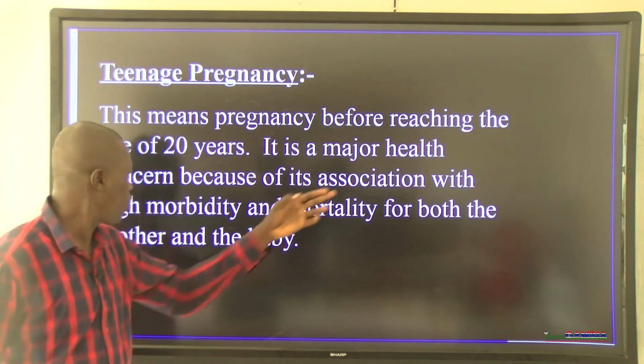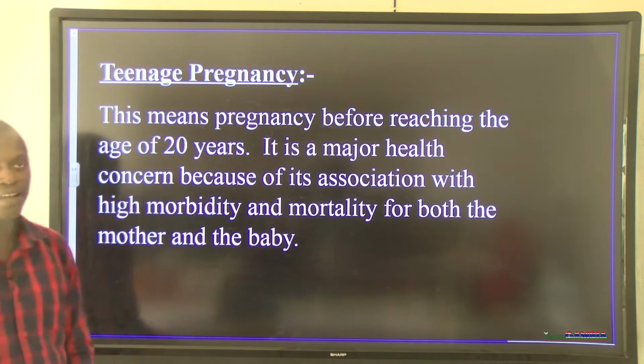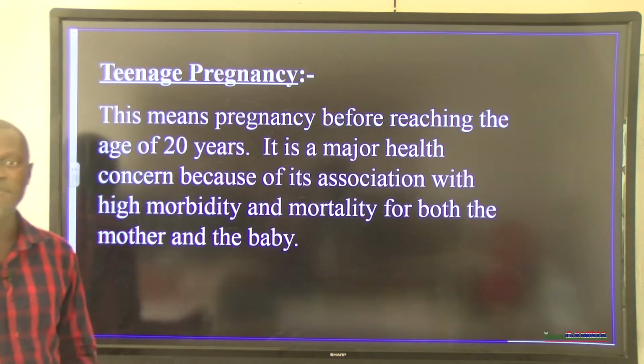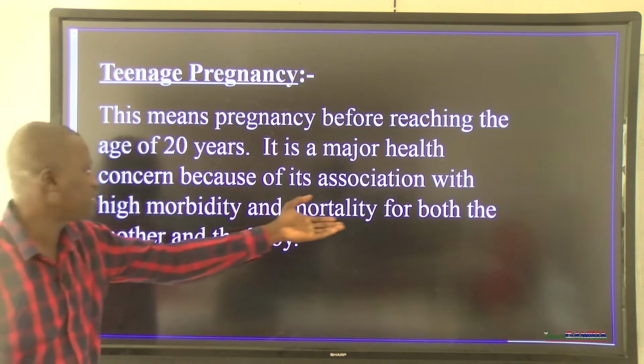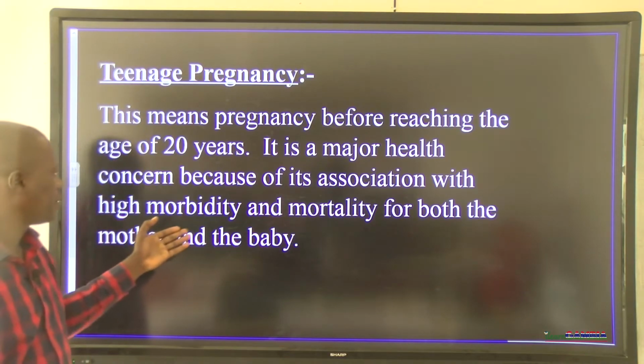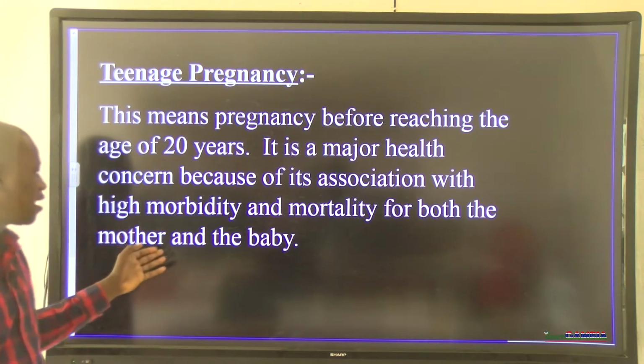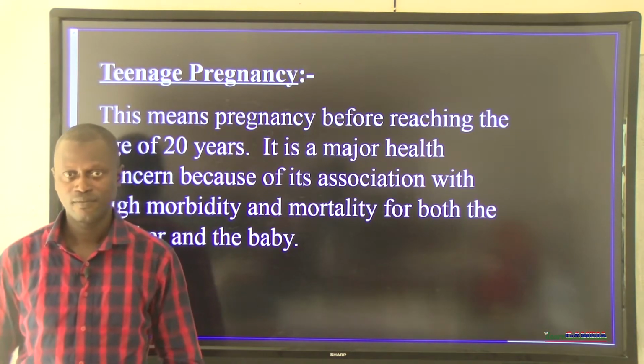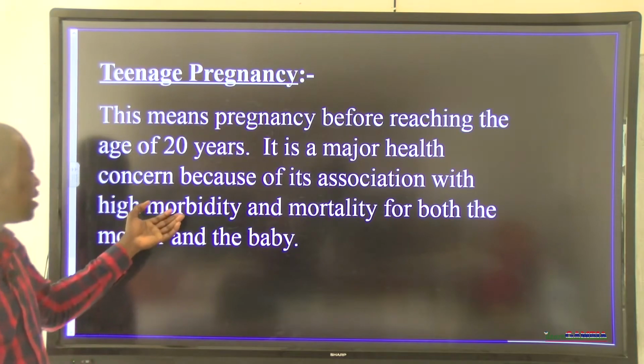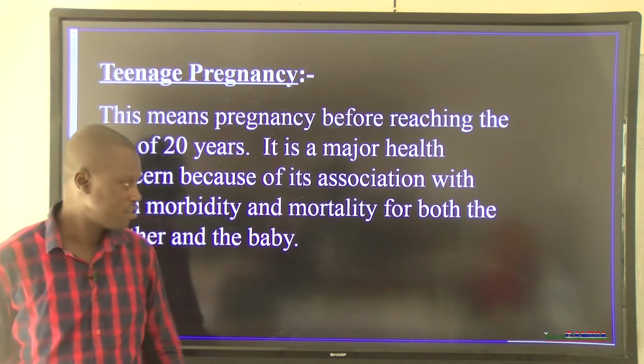Now, it is a major health concern because of its association with high morbidity and mortality for both mother and baby. What is this morbidity and mortality about?